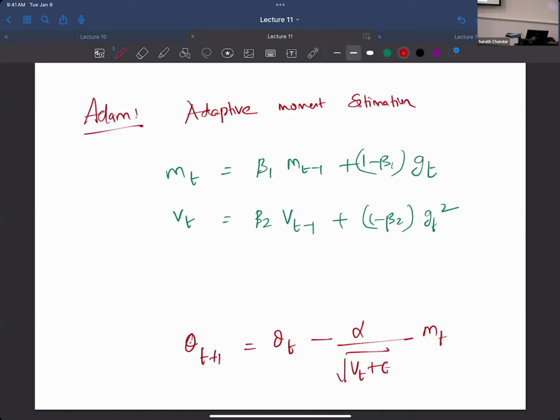Here you see the momentum effect, right? You're integrating gradients in m_t, so that is your momentum. Then you're also dividing by the square root of v_t, which is basically the root mean square of the gradients. Is that clear? So you're essentially combining RMSprop and SGDM.